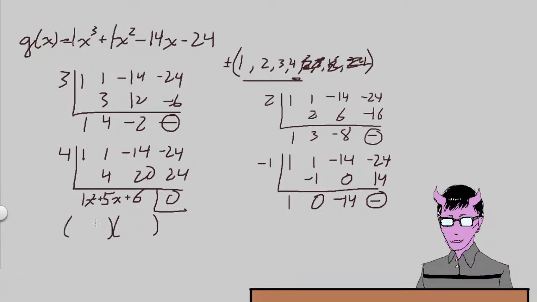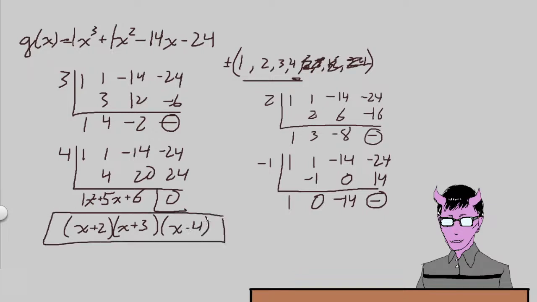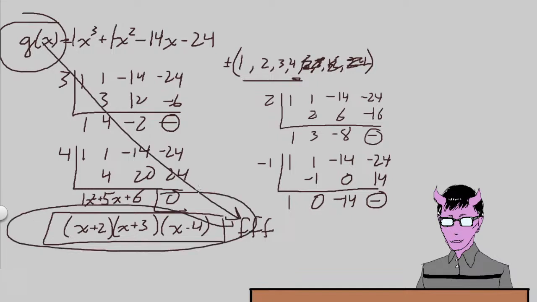So 6 breaks down into 2 and 3 because positive 2 plus positive 3 gives us positive 5x. Combined with the 0, x minus 4 is a factor. Therefore, this is the fully factored form, the FFF of g of x. So we are finished with this particular problem.